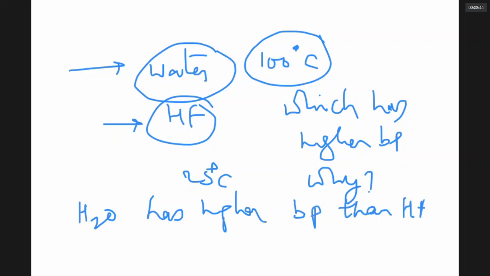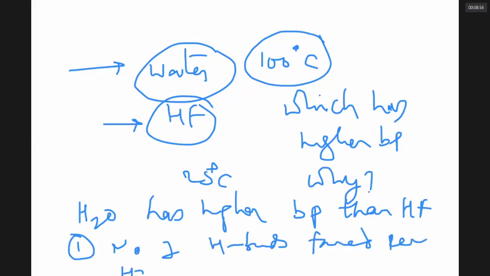There are two reasons. Reason one: the number of hydrogen bonds formed per H2O molecule is 4, whereas it is 2 for HF.